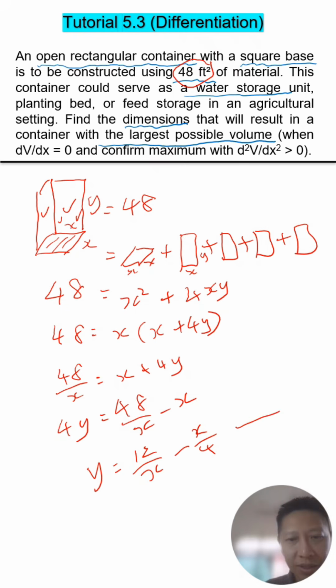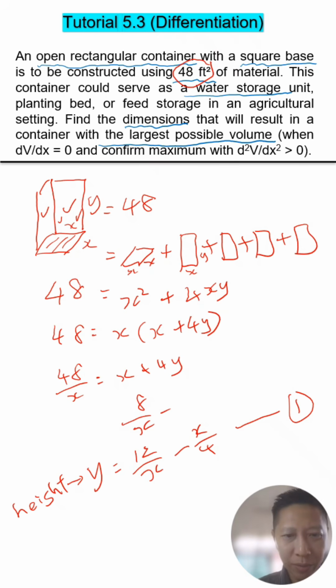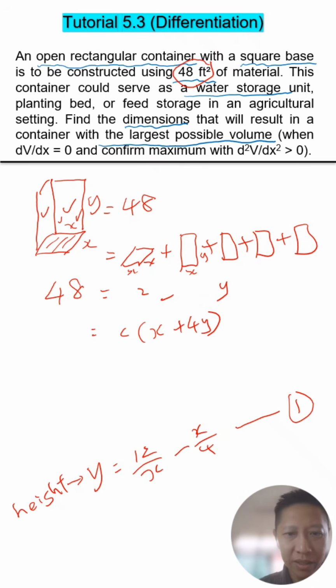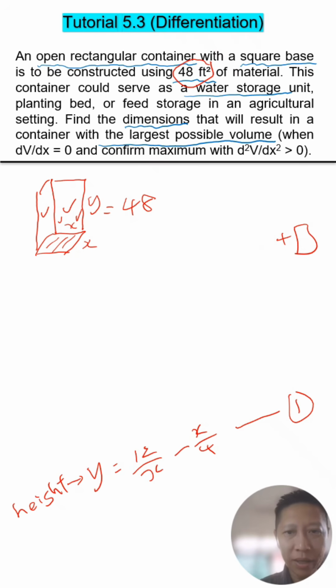So we have the relationship between the base length x and y, which is the height. So we shall continue. We erase a little bit. We maintain the important information about the relationship between x and y.